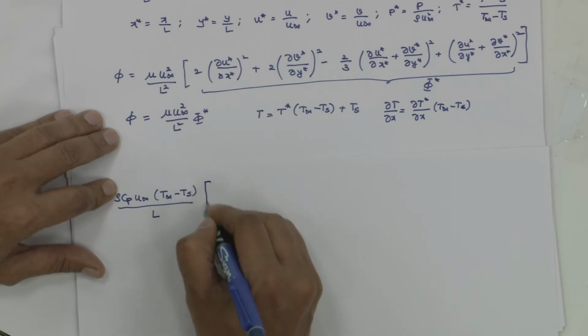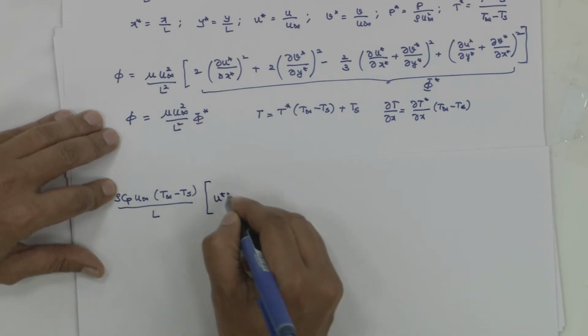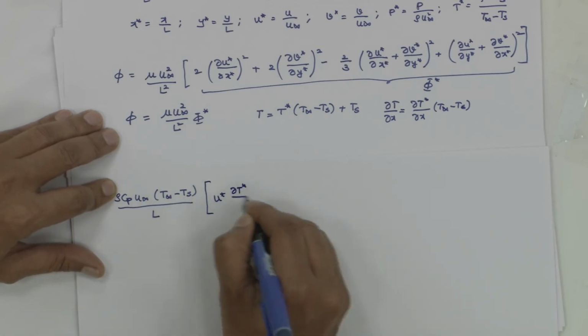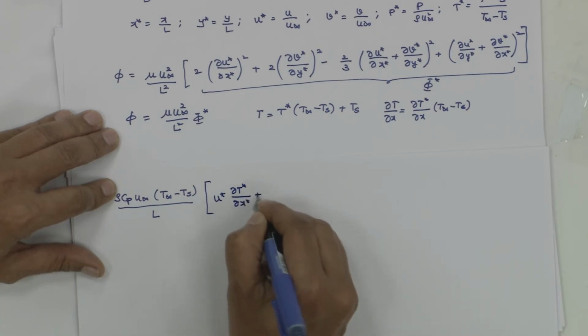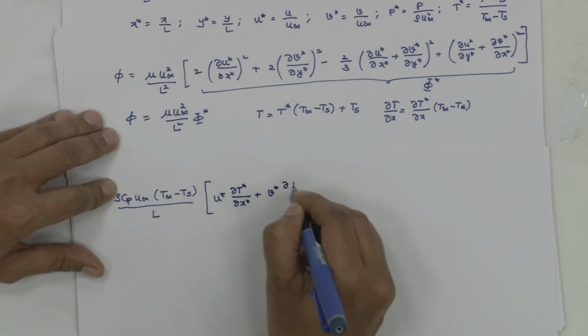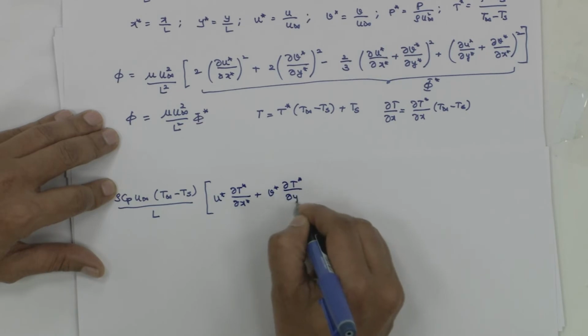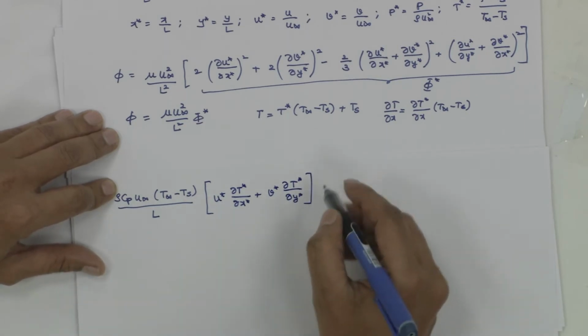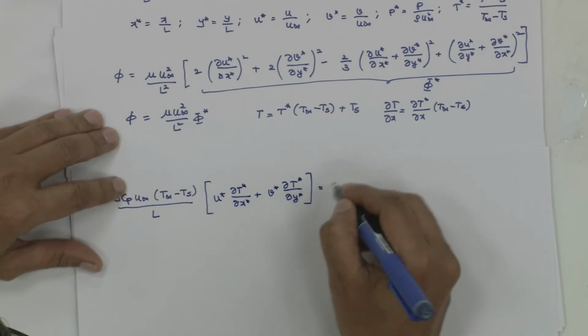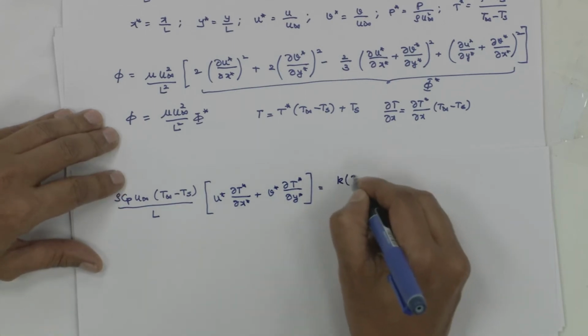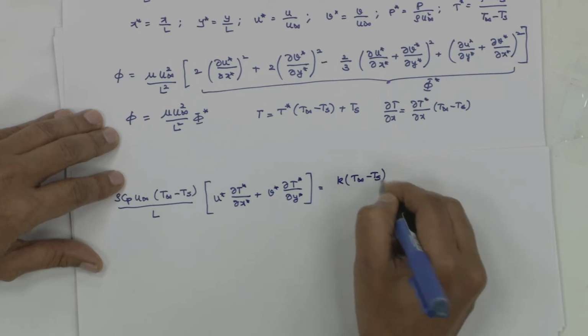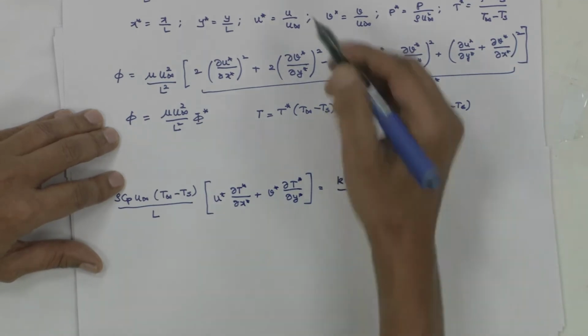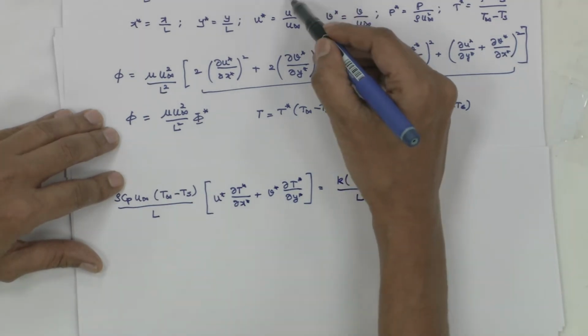So you get u star del T star upon del x star plus v star del T star upon del y star is equal to k into T infinity minus Ts upon L square, because it becomes T star upon x star square.